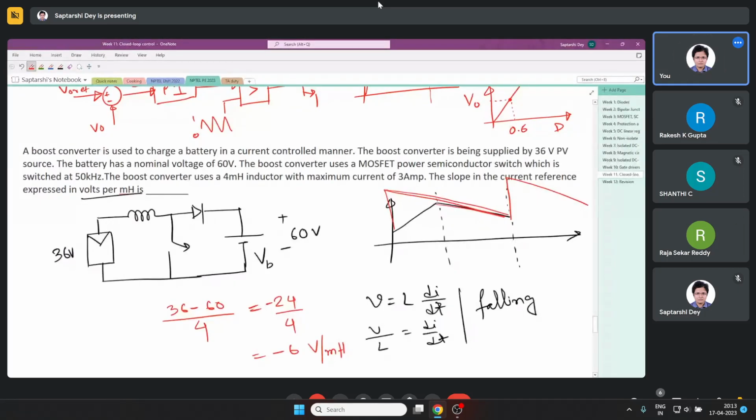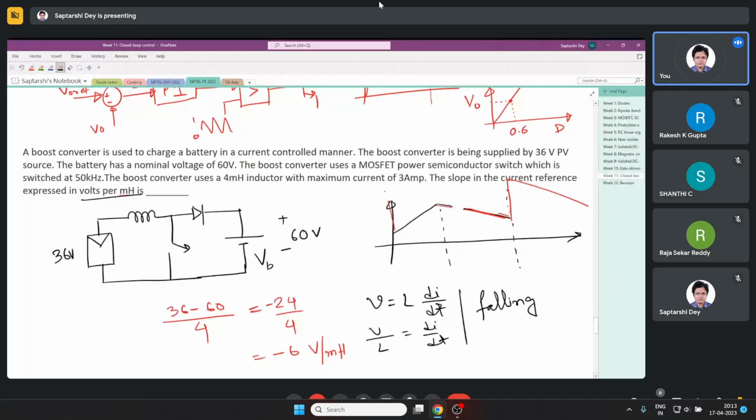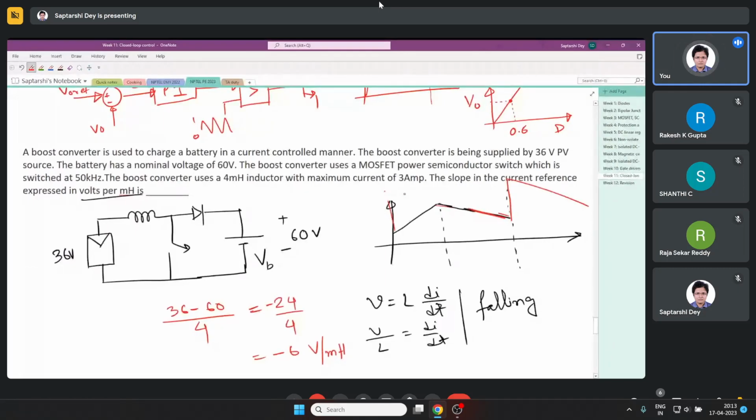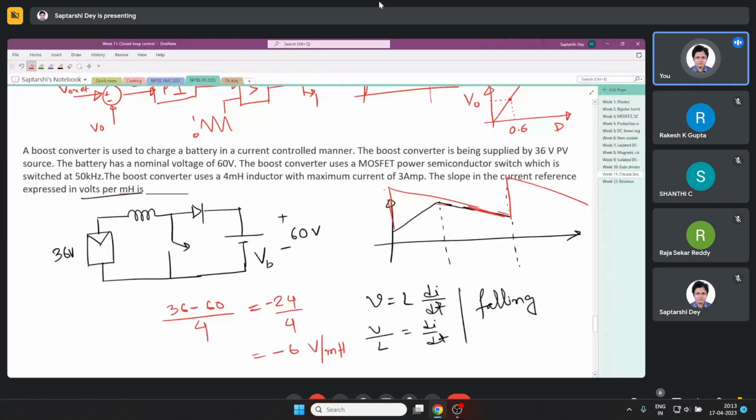This is the answer. Now why it is so, you have to watch the lecture. It's actually a very long story, in the sense that it is derived step by step. First the regular current control, then what is its problem, then how that problem is mitigated by this slope compensation. There is a whole lecture.